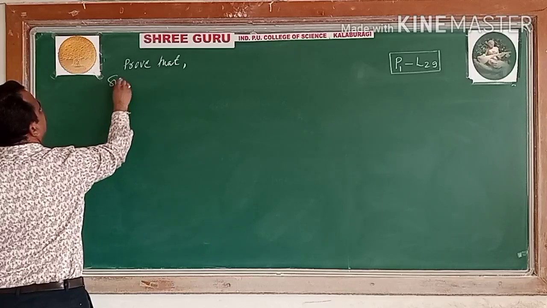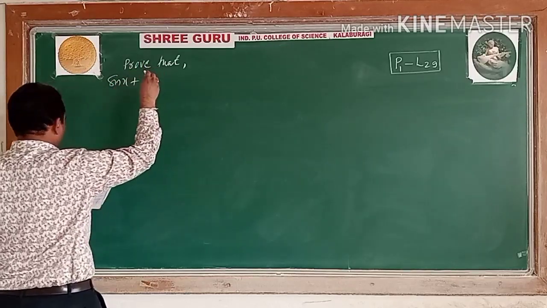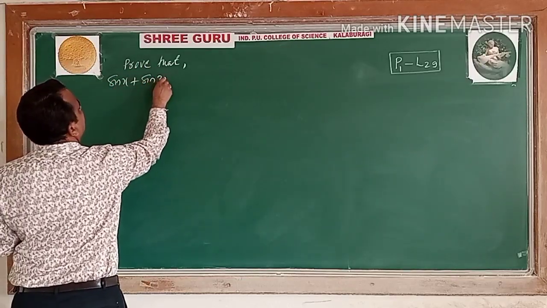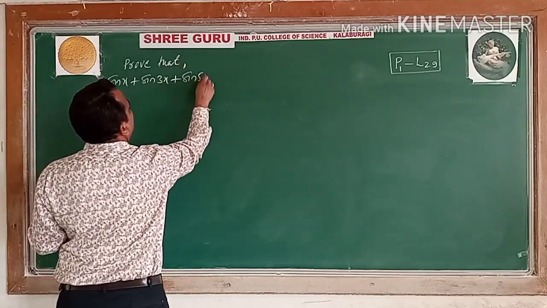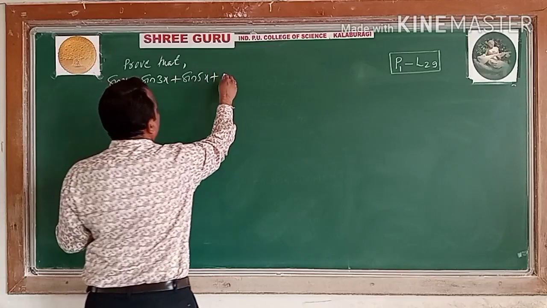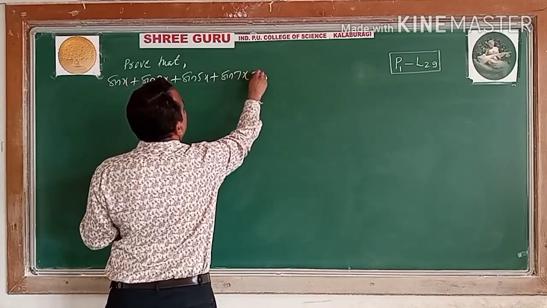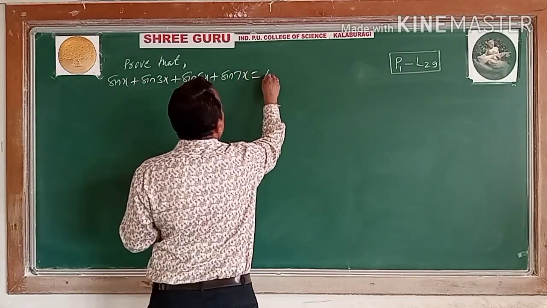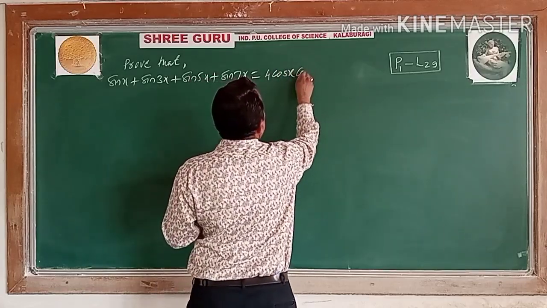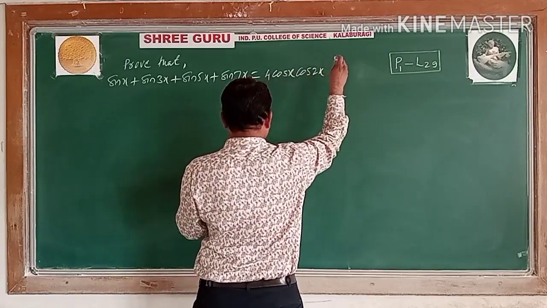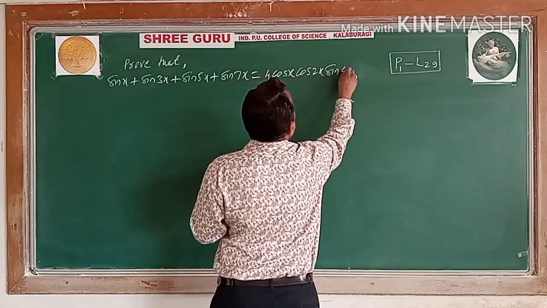sin x plus sin 3x plus sin 5x plus sin 7x is equal to 4 times cos x cos 2x into sin 4x.